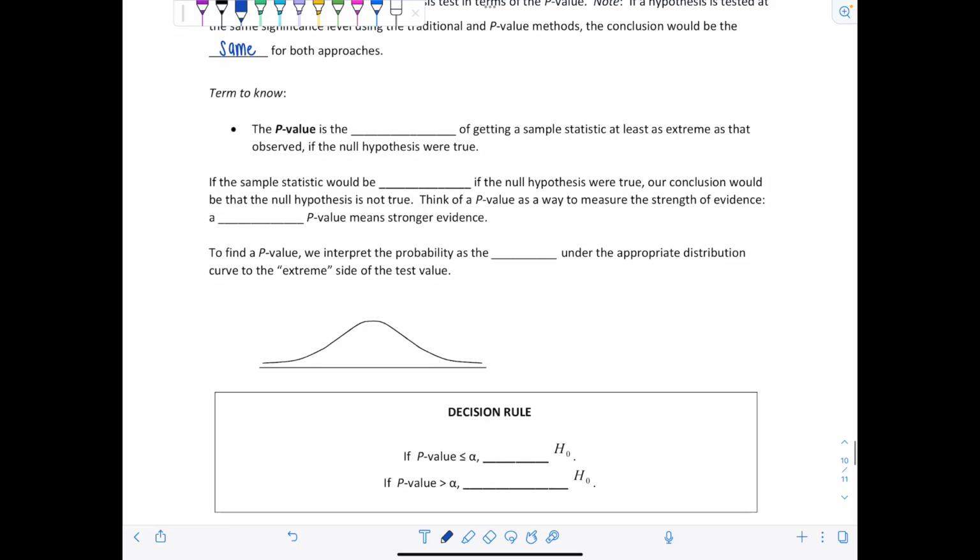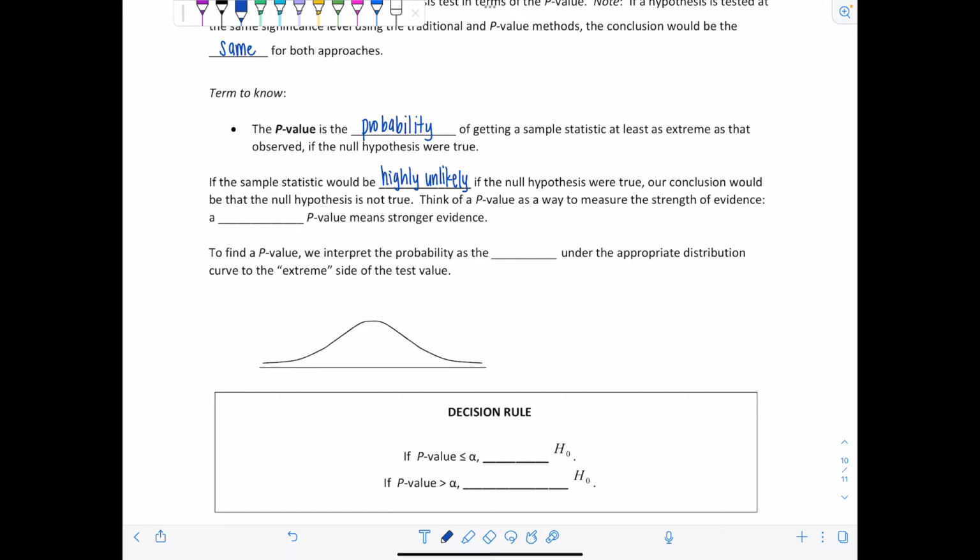The p-value is the probability of getting a sample statistic at least as extreme as that observed if the null hypothesis were true. So if the sample statistic would be highly unlikely or not probable if the null hypothesis were true, our conclusion would be that the null hypothesis is not true.